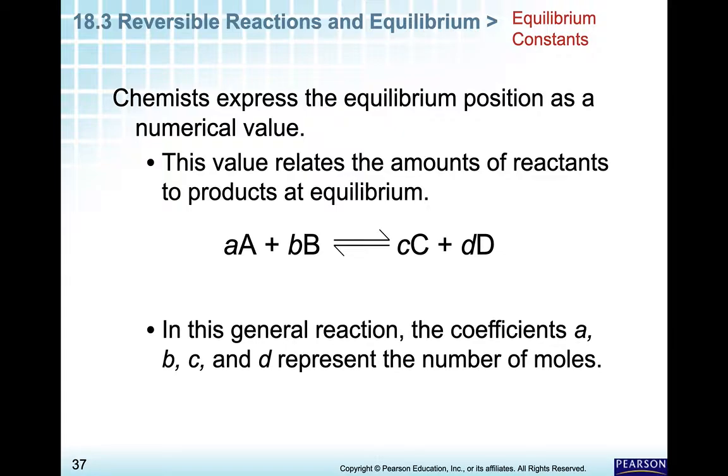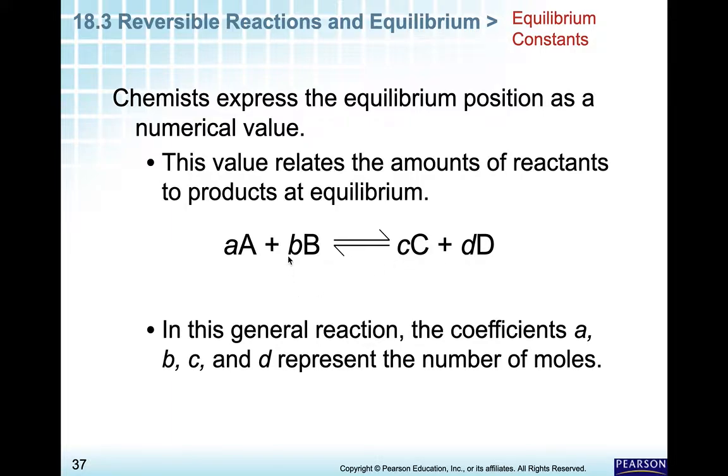Here on this slide is just a general chemical reaction. We've got two reactants, A and B, reacting to form two products, C and D. Our chemical compounds would be represented here by the capital letters, so we've got compound A and compound B. The lowercase italic letters are where our coefficients would be.